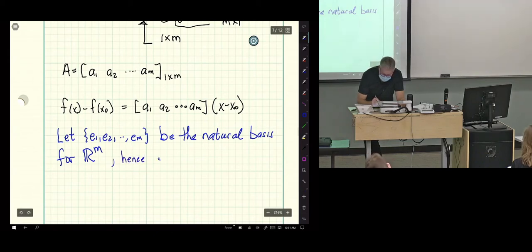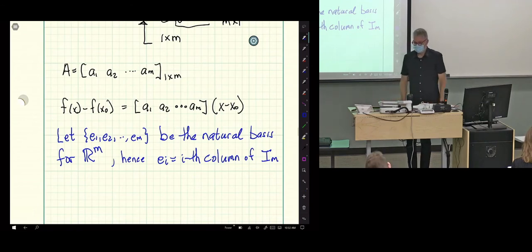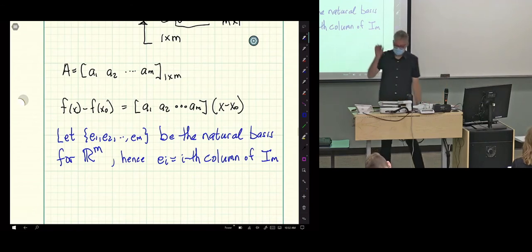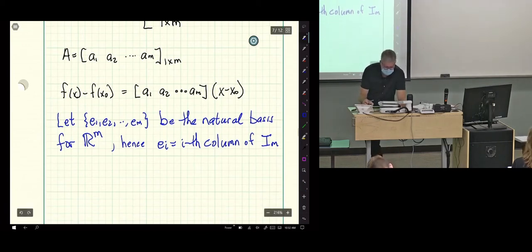And just to be clear, so Ei is then the ith column of the m by m identity matrix, okay? So E1 is 1, 0, 0, 0, E2 is 0, 1, 0, 0, blah, blah, blah, okay? So we can use these guys to write general x's if we want.